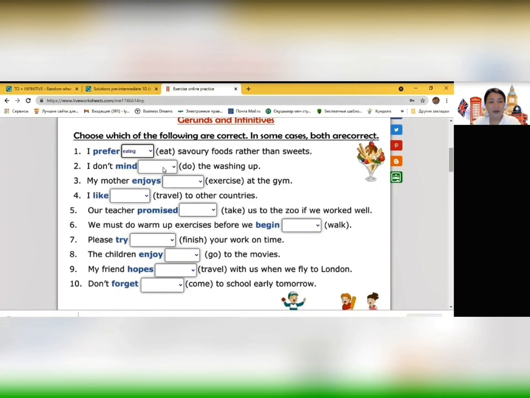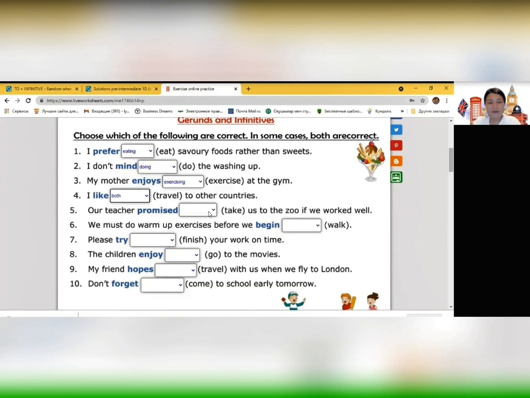Next, I don't mind doing the washing up. My mother enjoys exercising. I like, let's have both.